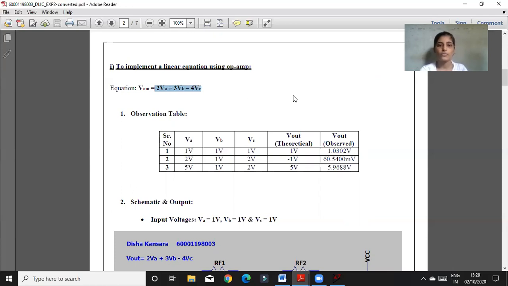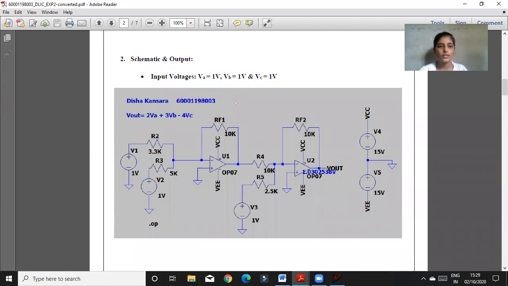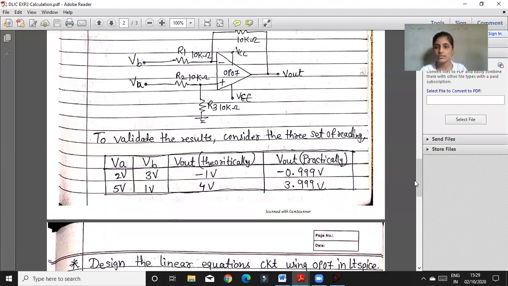So now I'm going to show you the first schematic circuit. I used the OP707, where RF is 10 kilo ohms for both of the RF. I'll show you the calculations of linear equations.